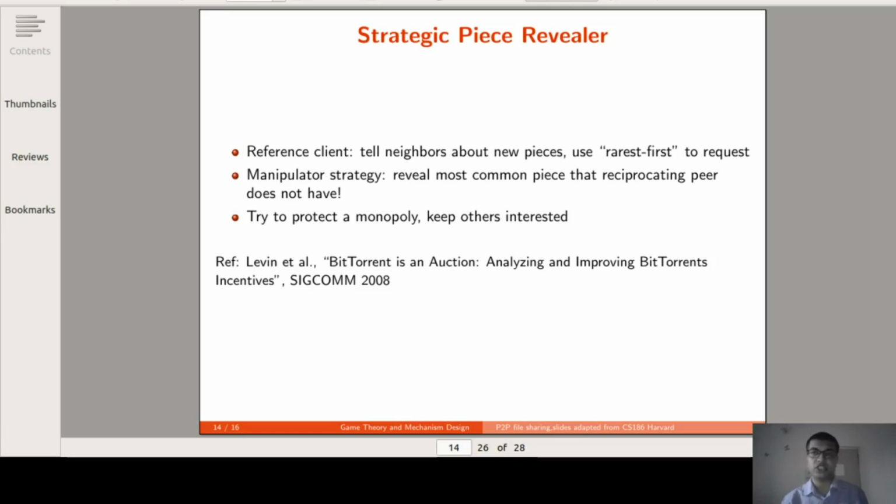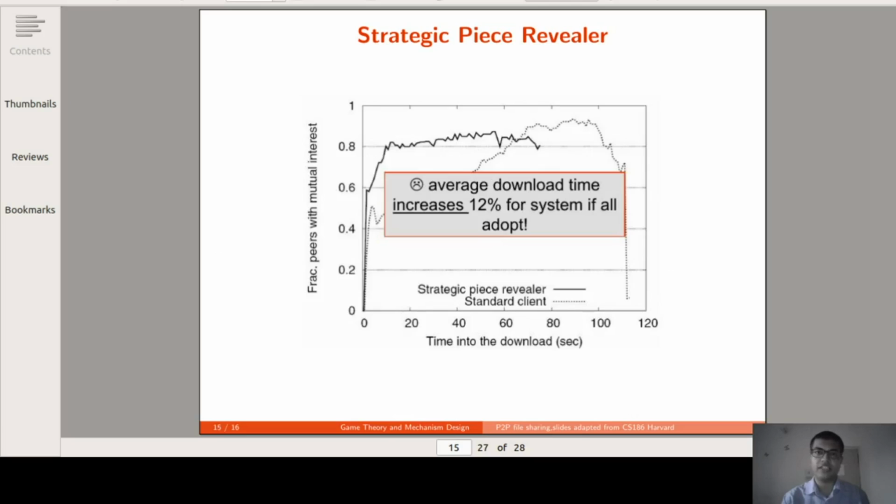But whenever it is showing, it is showing the most common pieces, and therefore it is never unchoked, because it is always sharing something which has very little demand. So that is one way of strategically manipulating and getting your files downloaded.